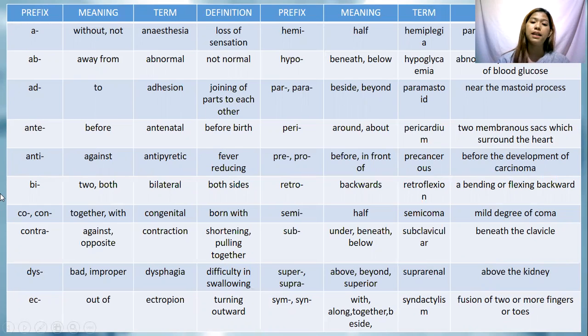Another example is ab, which means away from, like abnormal, not normal. Next, an additional example is ad. It means to. A medical terminology is adhesion, which means joining of parts to each other.